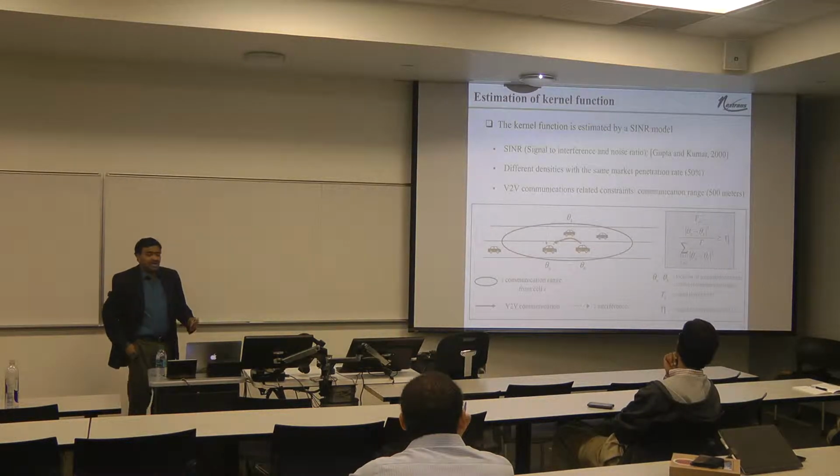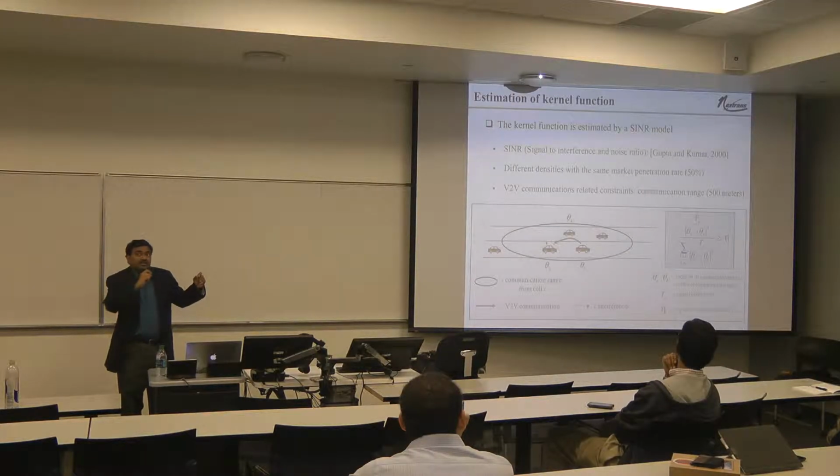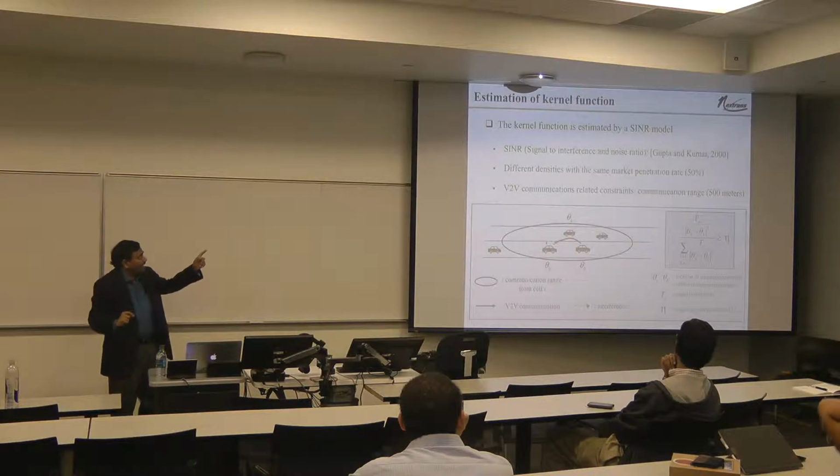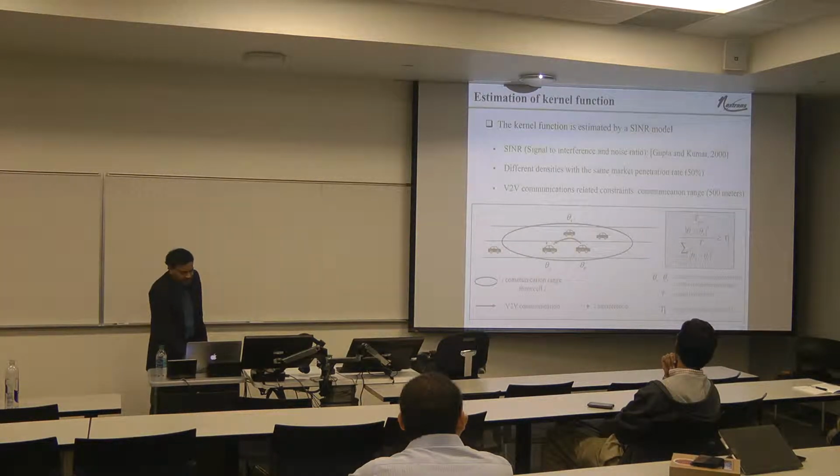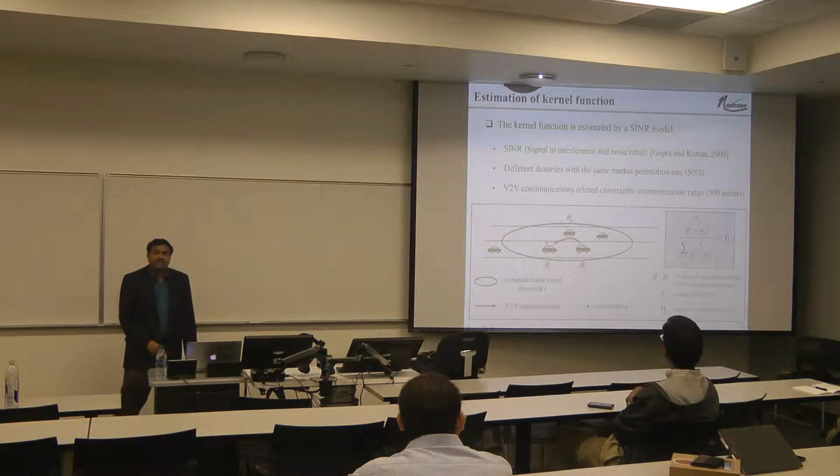In order to come up with the kernel function, recollect that the kernel function is the function that determines the probability of success. We have a function that here is the signal to interference and noise ratio, which comes from the domain of communication networks. And we look at different densities. In this study, we looked at a market penetration of 50%.